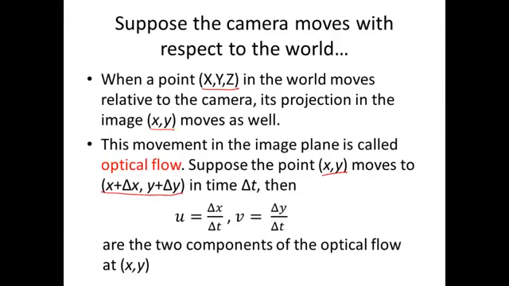Then we can divide delta x by delta t, and that's considered the x component of the optical flow, and we can divide delta y by delta t, and that's considered the y component of the optical flow. So the optical flow is a two-dimensional vector, and it exists at every point (x, y) in the image.